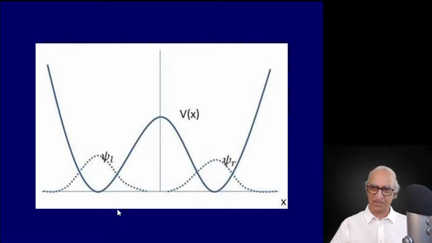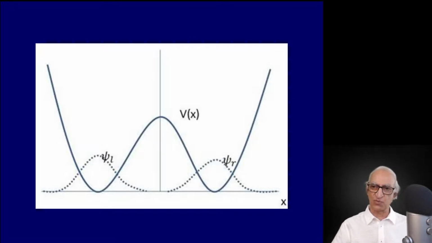So, here it is. Here is the potential energy curve of one of the configurations of the ammonia molecule. Let us say the nitrogen atom is above the plane of the hydrogen atoms, and this is the nitrogen atom below the plane defined by the 3 hydrogen atoms.